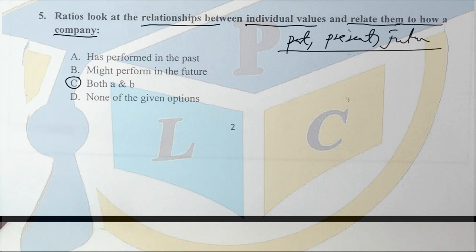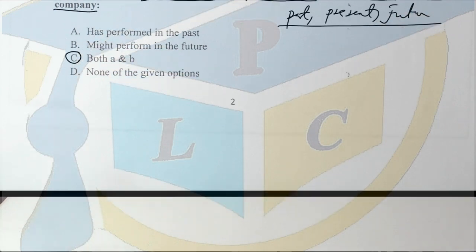And the ultimate goal is to identify the strengths and weaknesses within their organization in relation to other competitors, in relation to time period, in relation to other factors. Okay, so let's take note of that. So it is both A and B, past, future, and even present, and industrial levels also play another role.